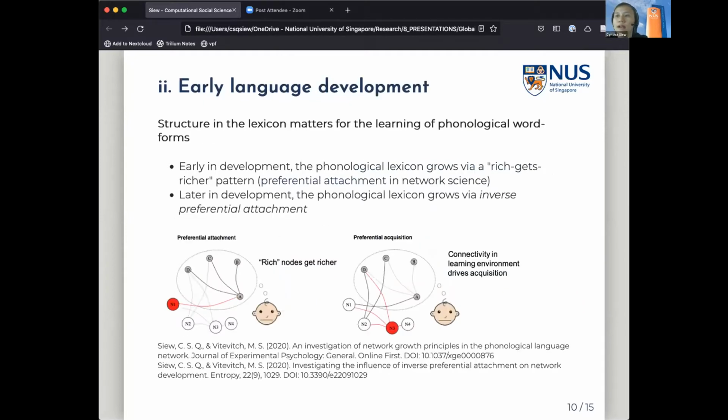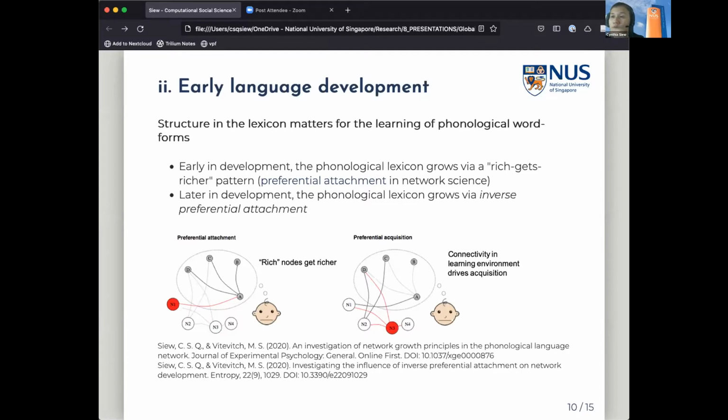We can also apply network analysis to look at how the networks themselves change over time, the dynamic structure of the language network. We can look at this from the perspective of early language development. Here we can model the structure of the linguistic input that learners are being exposed to, and the words that they are picking out from that linguistic structure.